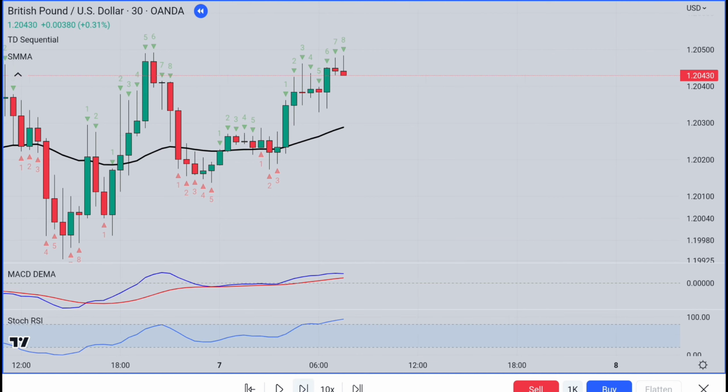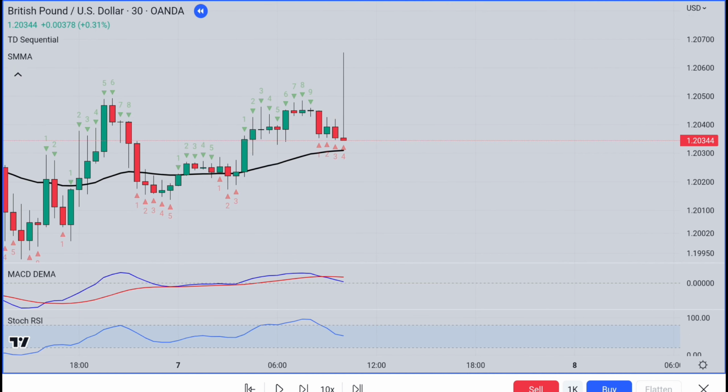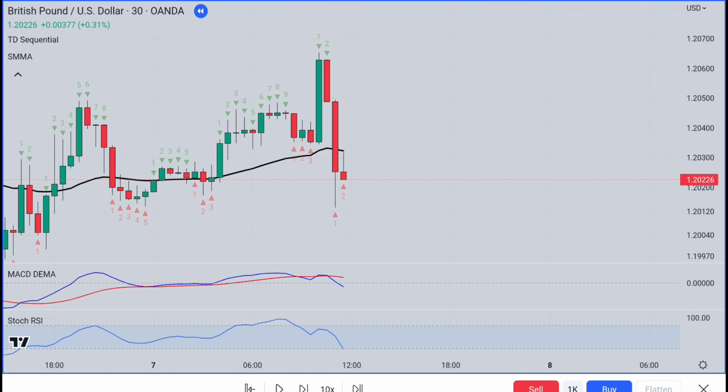The entry conditions for long and short positions are the same. I don't want to repeat them. To close the position with more profit, we will wait for the cRSI indicator line to touch the 0 and 100 values.